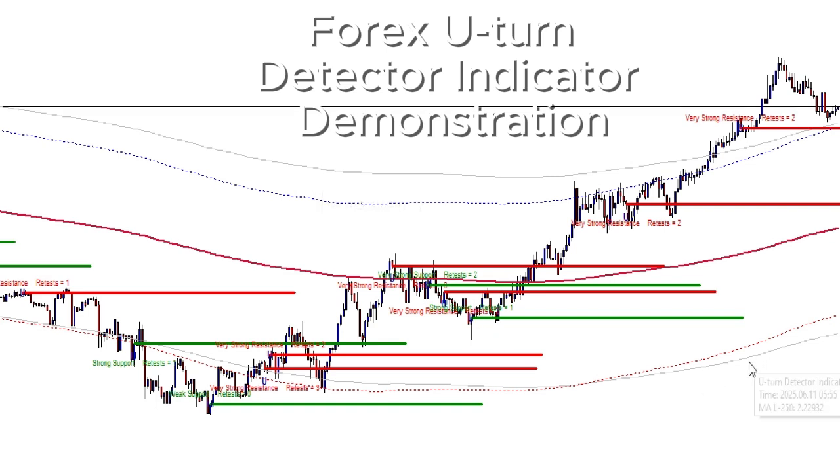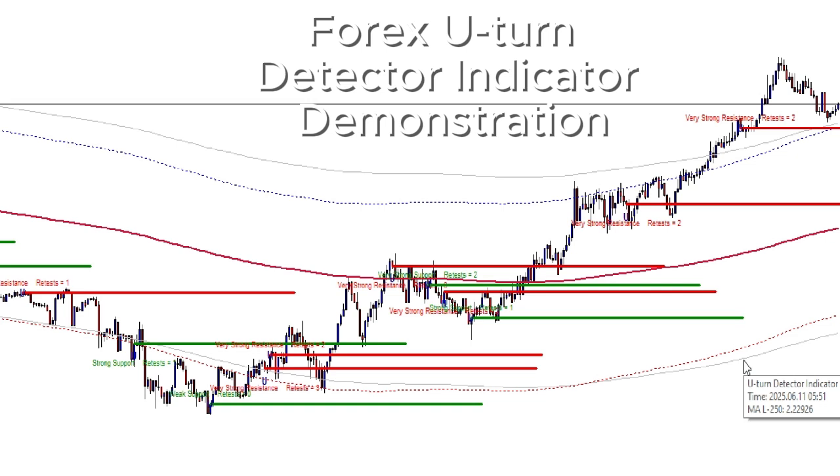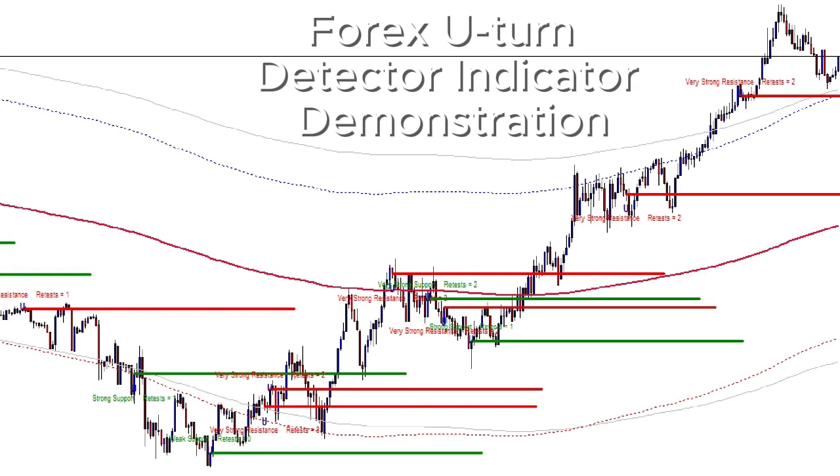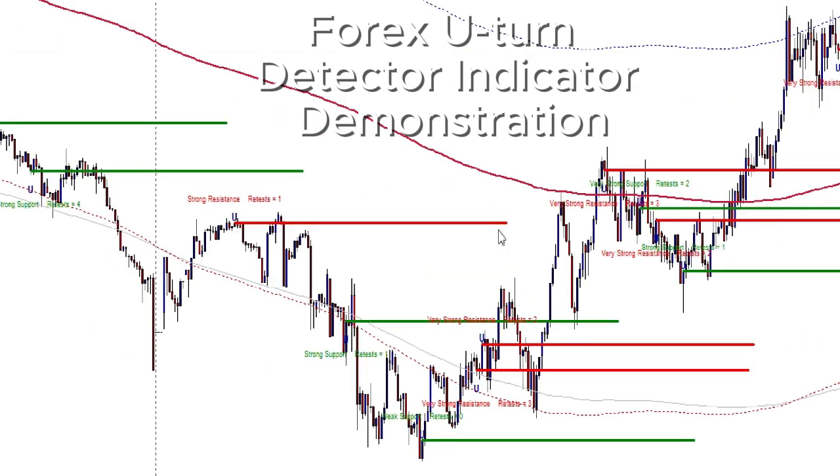This is part of the extension of the moving average. This red moving average here, we extend it upward, and also downward. You can see also this silver line upward here. So it creates an envelope of lines that we can use in our trading.